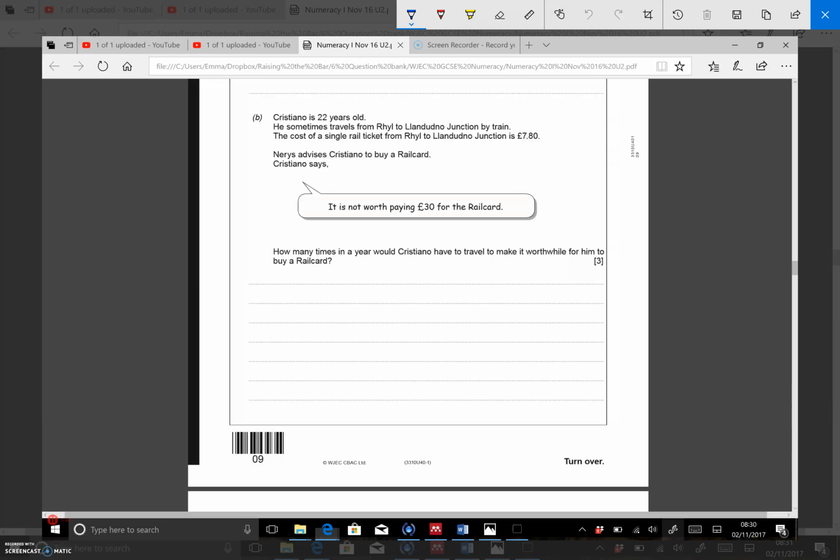Okay, so if his ticket's £7.80, we need to think, well, how much is he going to save if he has a rail card? So the rail card saves you a third. So a third of £7.80 we would calculate by doing £7.80 divided by 3. So he would get a £2.60 saving per ticket. Okay, so you want to say, well, the rail card's £30.